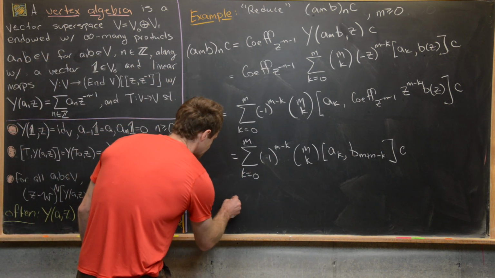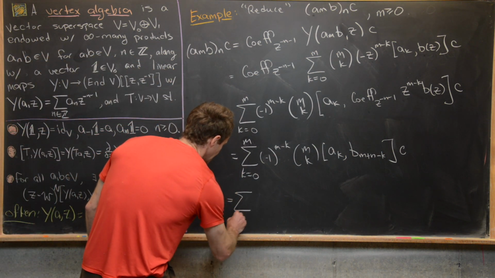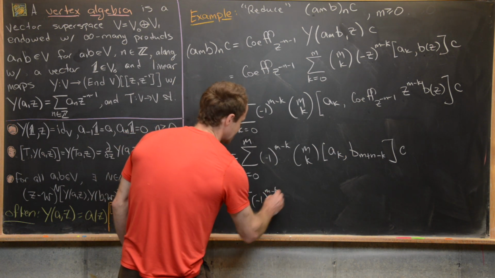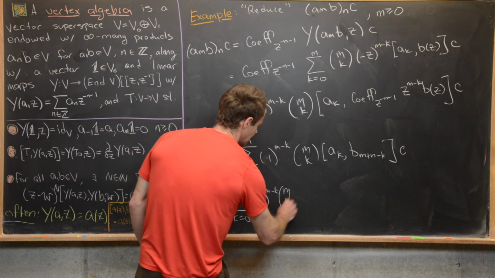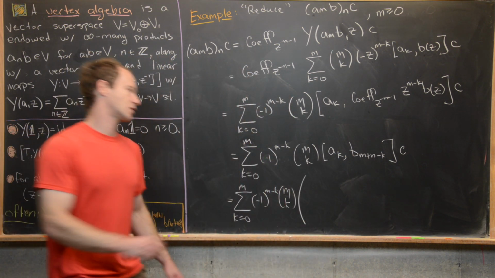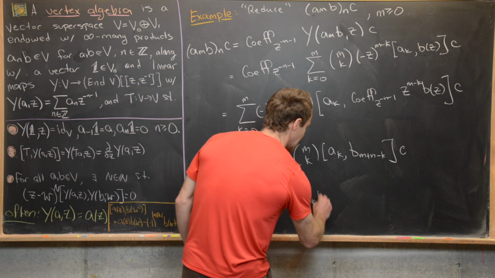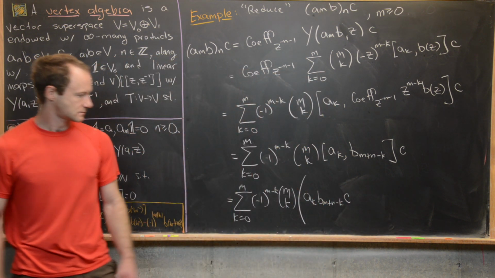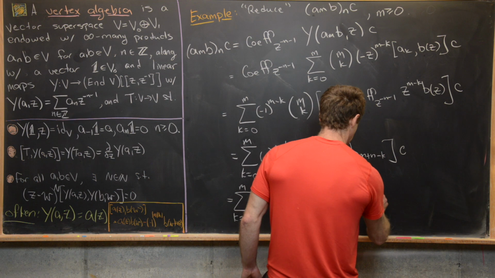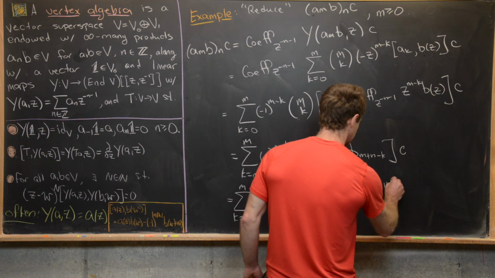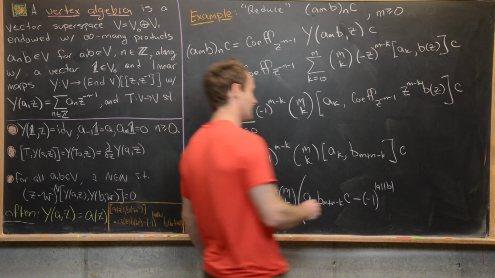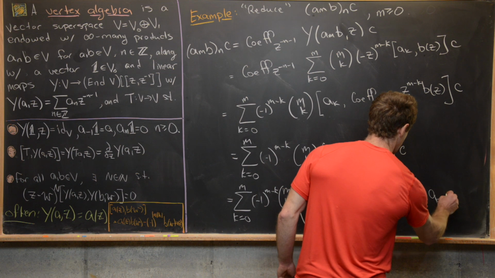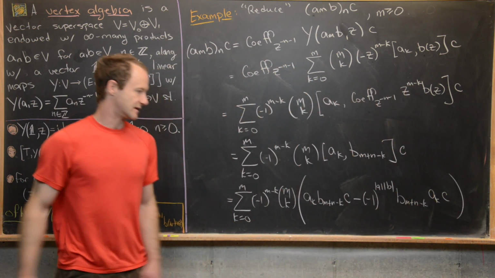Okay, and then that allows us to write this as the sum as k goes from 0 to m of -1 to the m minus k, m choose k. And then next, we're going to have a_k b_(m+n-k) c, and then -1 to the parity of a times the parity of b, and then b_(m+n-k) a_k c. So we've got something like that.